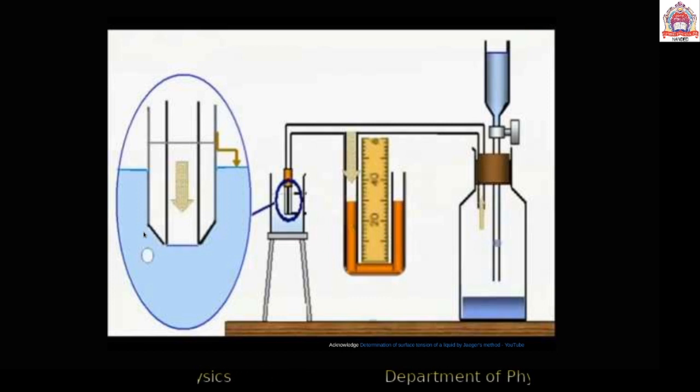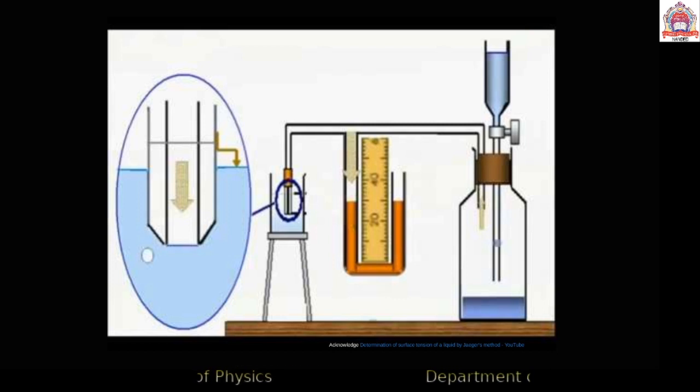Its radius increases, hence the pressure inside it decreases. This results in a disturbance in equilibrium between its internal pressure and the constant external pressure. Now the bubble becomes unstable and breaks away.